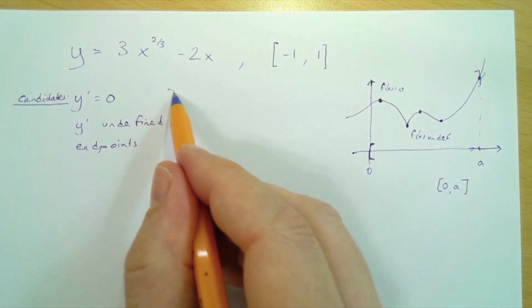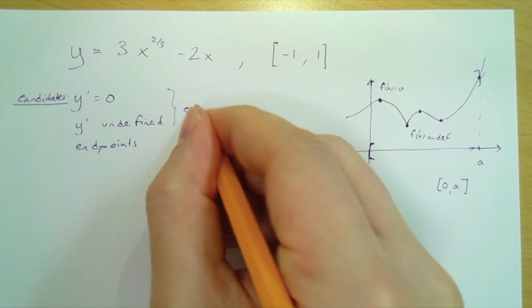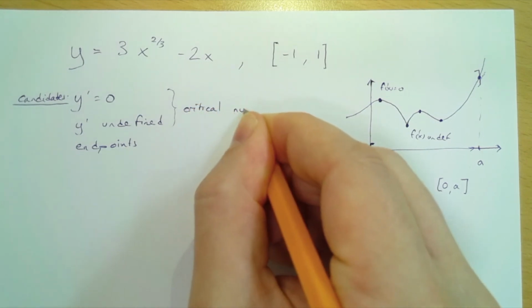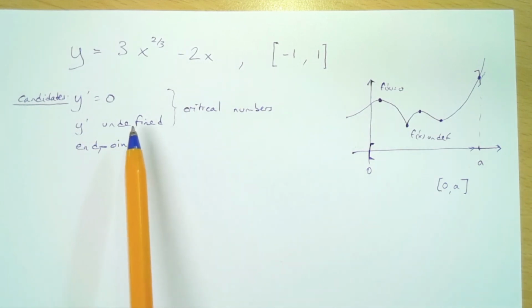These are the critical numbers that we just talked about earlier. And there's the same rule that if y prime is undefined, the point needs to exist. If it doesn't exist, obviously it's not a max or a min.